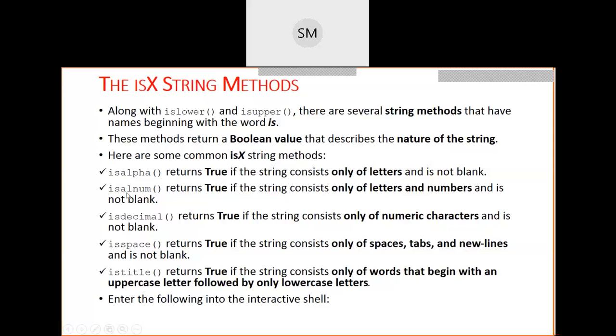If in a string there is a combination of alphabets as well as numbers, then is alphanumeric gives us true, otherwise false. If all characters in a string are decimal numbers only, integers only, then is decimal gives us true, otherwise false.